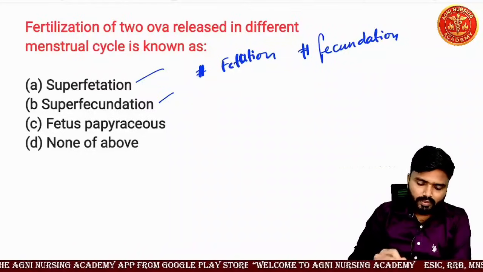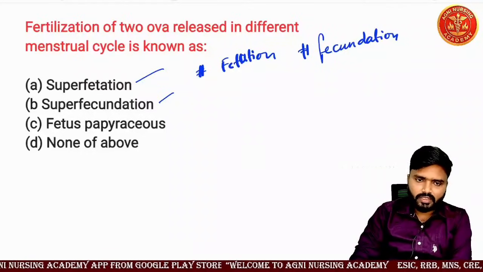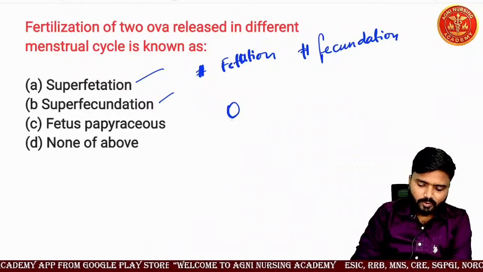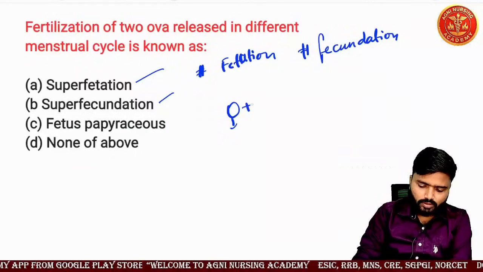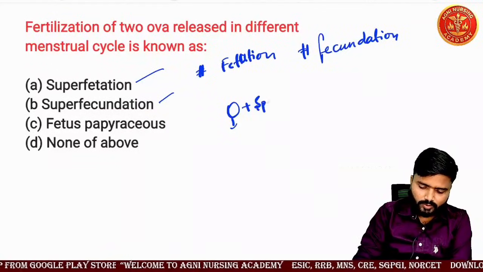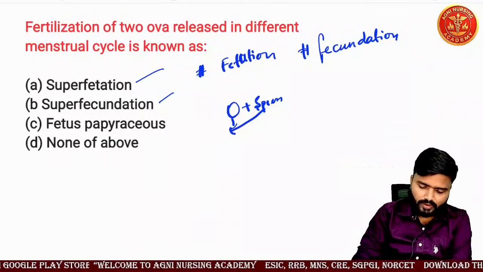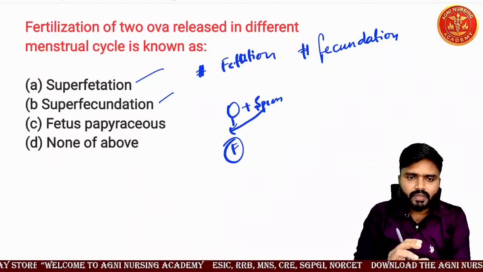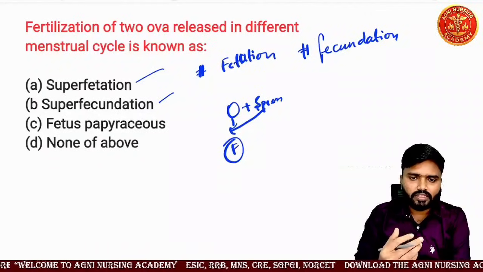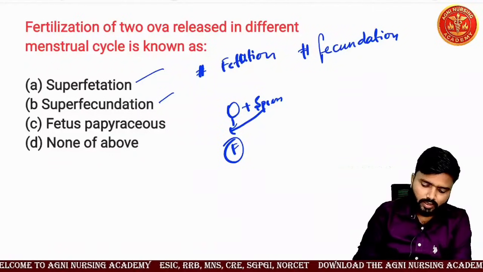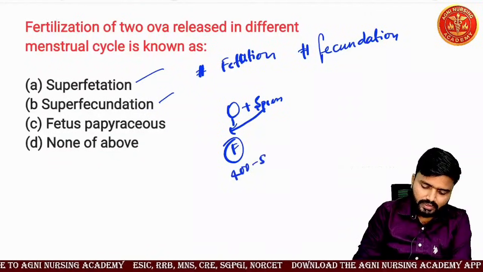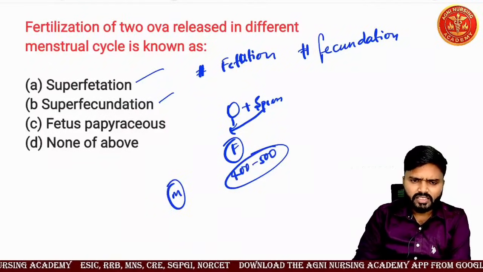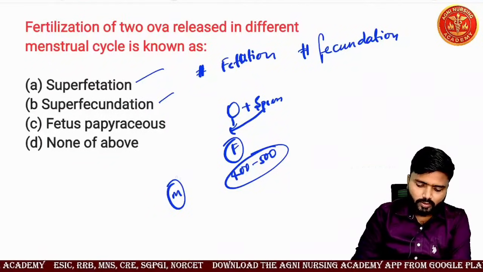If ovulation happens on day 14, the egg will contact a sperm, and that is called fertilization. On the day of ovulation, many eggs, around 400 to 500, will be released, and millions of sperm.